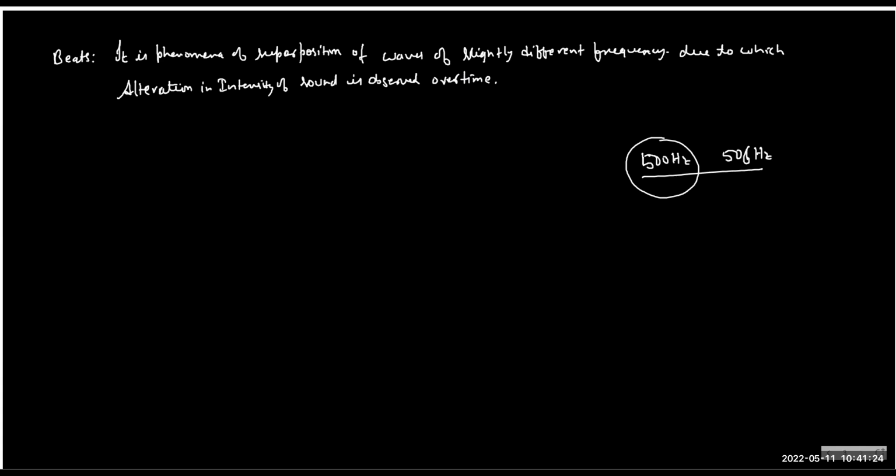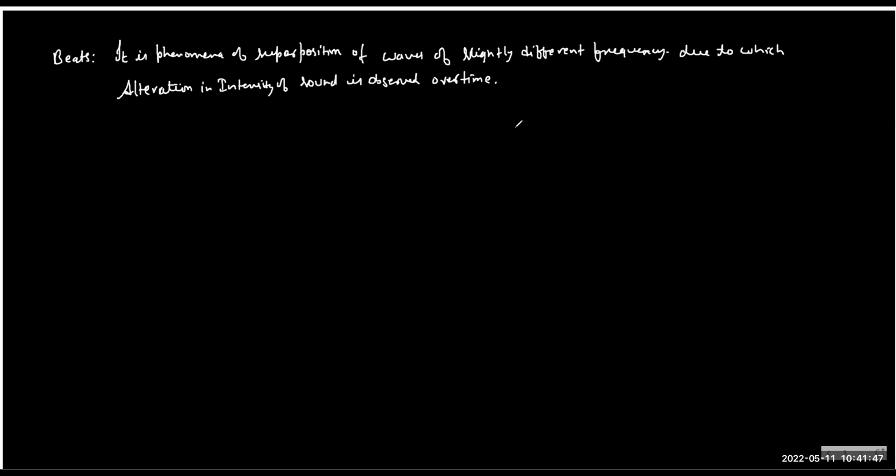I'm saying that if you have two mobile phones at home, you can play both together, and you yourself can hear the variation of intensity. Understood? Am I audible to you guys?